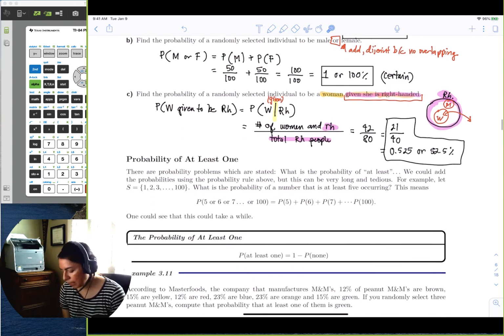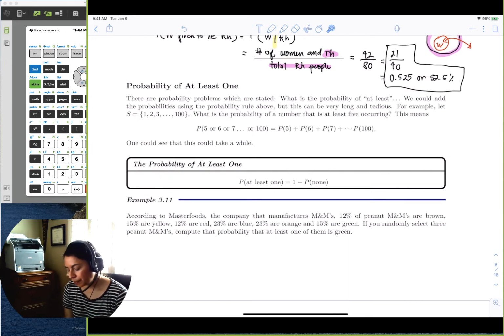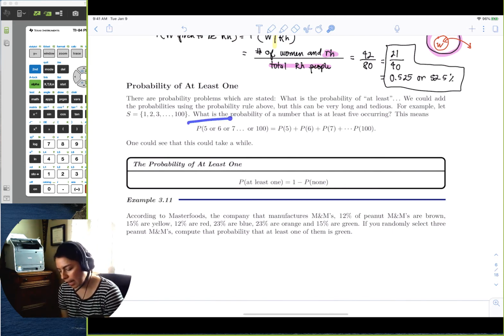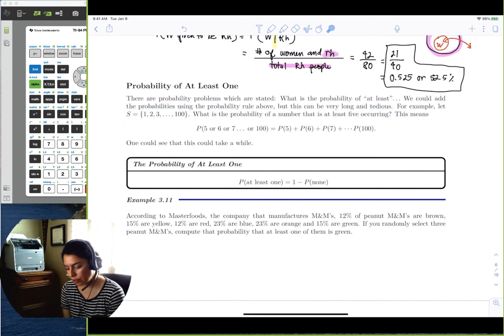The last piece is we're just going to talk about the probability of at least one. And the probability of at least one is just 1 minus the probability of none. If I take a simple example like I have here, what is the probability of at least 5 occurring when the sample space is the positive integers from 1 to 100?